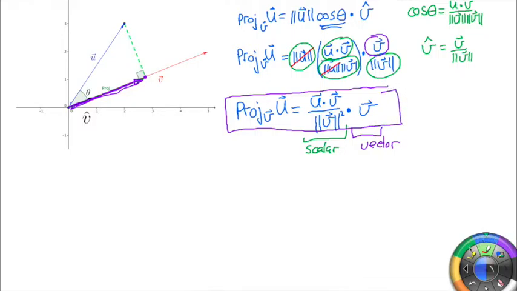Alright, so let's use it a little bit. Let's say I have a vector u. It's -2, 5. Let's say I have a vector v that is, let's see, -2, 5. Let's put v someplace over here. Let's make it 2, 5.